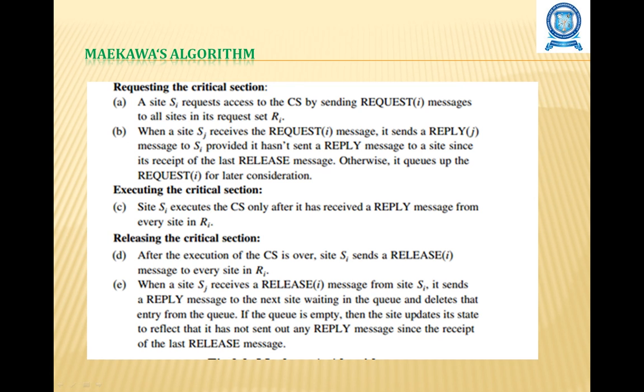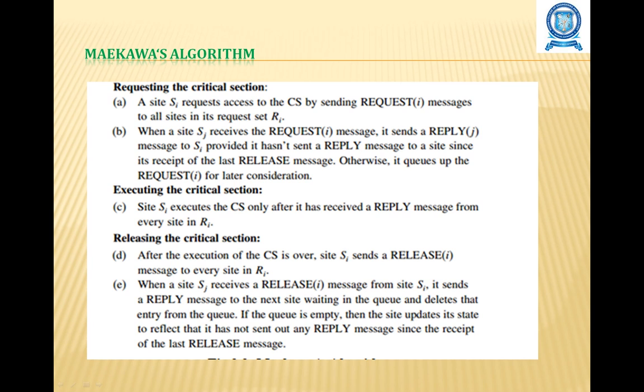Next we see the algorithm. This algorithm also has three stages, that is requesting the critical section, executing the critical section and releasing the critical section. So the first one is requesting the critical section, that means entering into the critical section. When a site Si wants to enter into the critical section, it sends the request message request(i) to other sites.